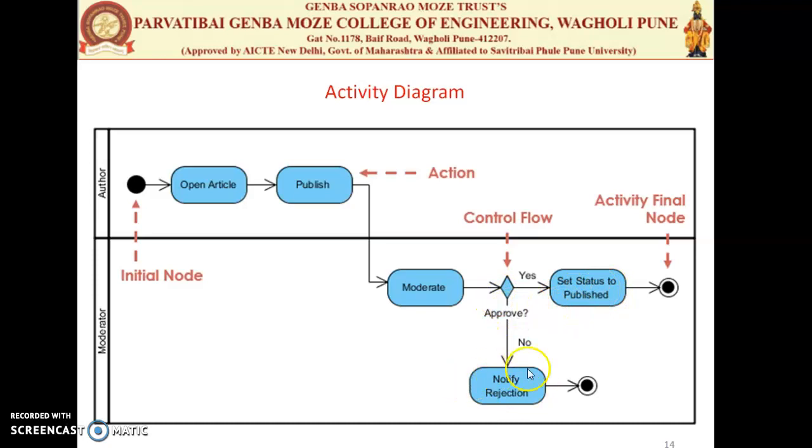If not, he notifies the rejection and ends the state. Again there is a decision box, where the control flows in two ways, yes or no. If the article is good enough to publish, it goes to the publishing state and ends the process. So this is the final node. You can see the partition example here with two different partitions, one author and one moderator.